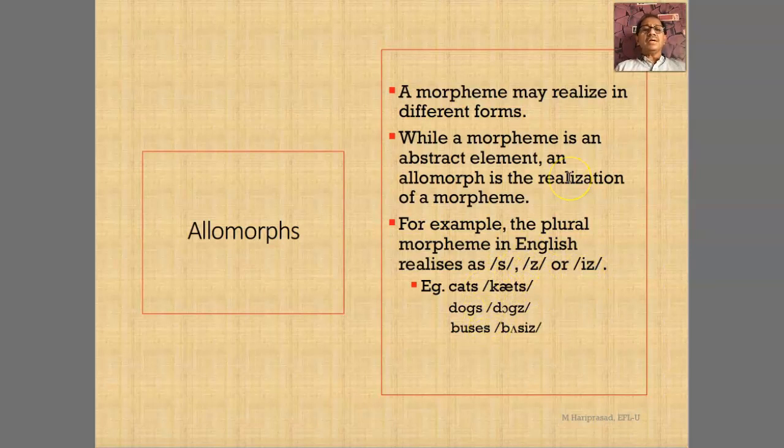So when you're doing analysis, if you look at cats, then s is the plural morpheme. When you say dogs, z is the plural morpheme. Buses, iz is the plural morpheme. Right? So while doing morphological analysis, we need to look at allomorphs.